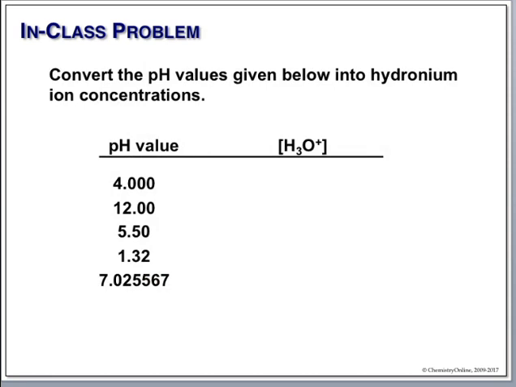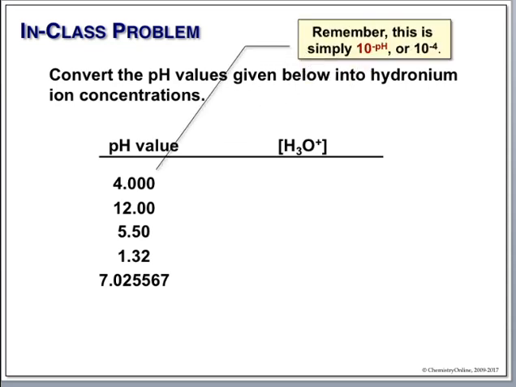Look at these guys. Quickly give me hydronium for each of them. The first two, of course, you can do in your head, can't you? If our pH is 4, we're going to do 10 to the minus pH, which is 10 to the minus 4. What is that?